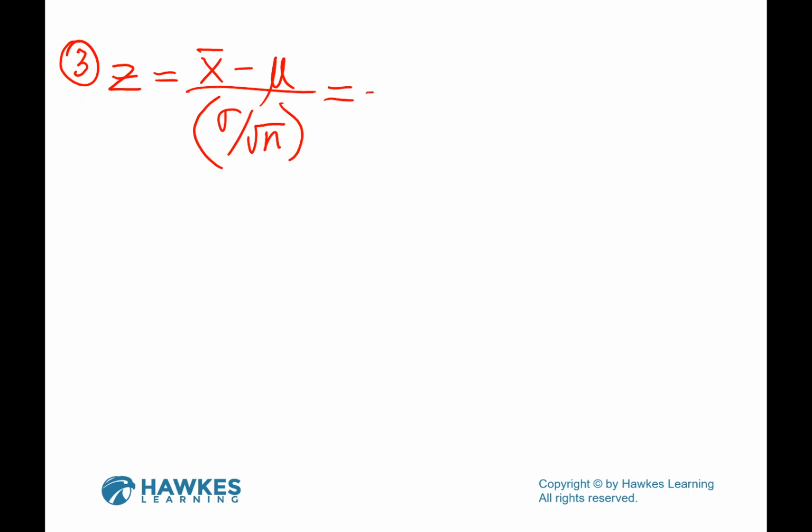I'm already going to fill in my number for mu because it's the number that comes from the hypotheses, 1.5. One thing that does for us is that when we start looking for our other numbers in the problem, when we come across 1.5, we know not to use it again. We've already got it covered. So we want a sample mean, population standard deviation, and sample size.